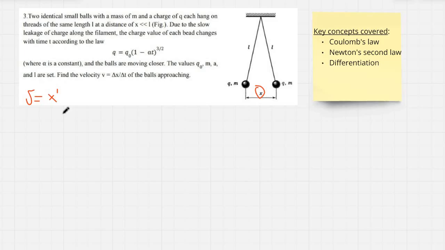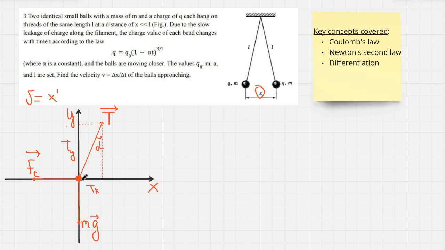Each sphere experiences three forces. Let's look at them in a coordinate system. As you see, the sphere experiences three forces.